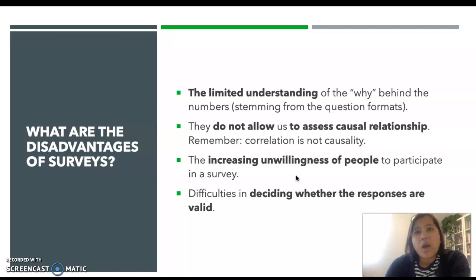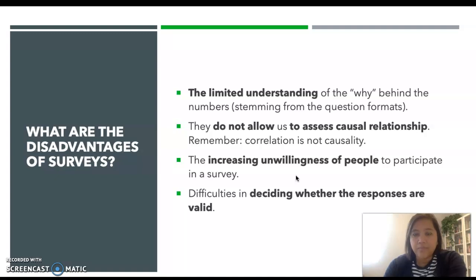But we cannot say that watching TV or watching Netflix causes your GPA to be lower. So that's what I meant. You can talk about correlation, but you cannot talk about causality in this case.